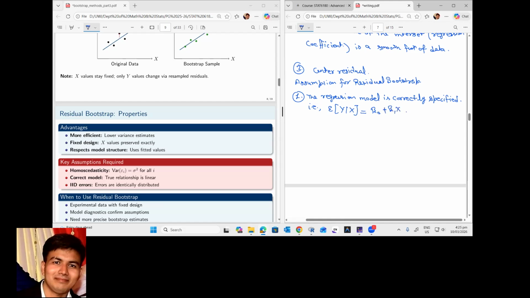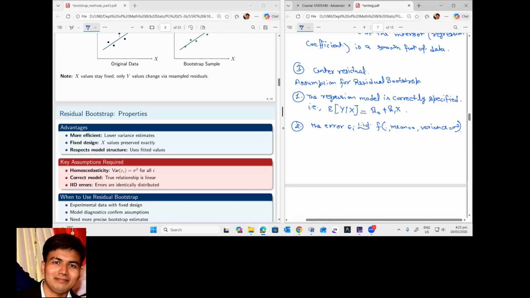The second assumption is that the error epsilon_i is IID with some distribution, where the mean is 0 and the variance is constant, say sigma squared.